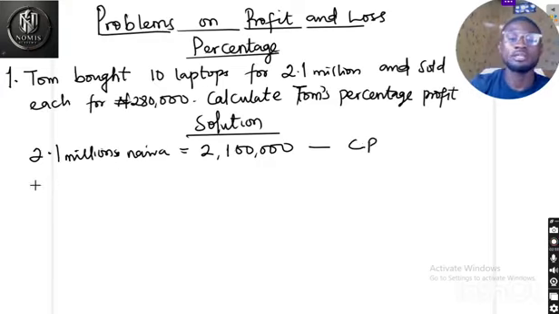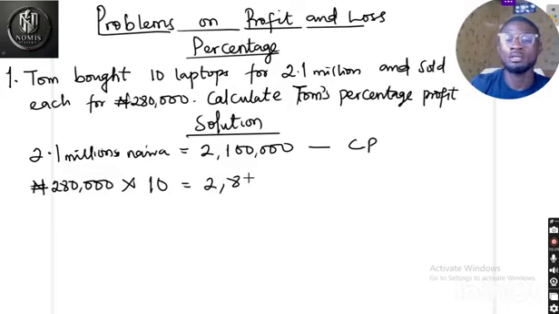The selling price says he sells one for 280,000 naira, so 280,000 naira multiplied by 10 will be our selling price. When we multiply by 10, we have 2,800,000, so 2.8 million naira. This is our selling price. Our selling price is greater than the cost price, so it is actually a profit.